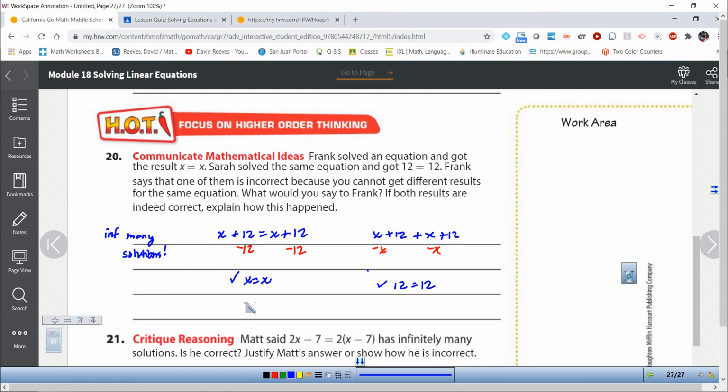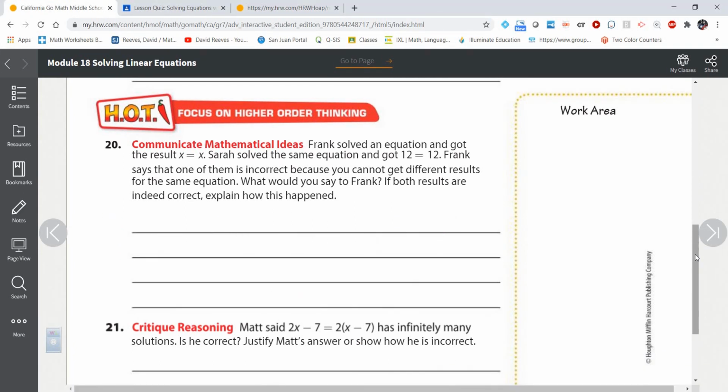It's actually the same solution solved differently. They didn't get different solutions. Anytime the left-hand side equals the right-hand side, it will have infinitely many solutions. Same solution solved differently. Sorry, Frank.